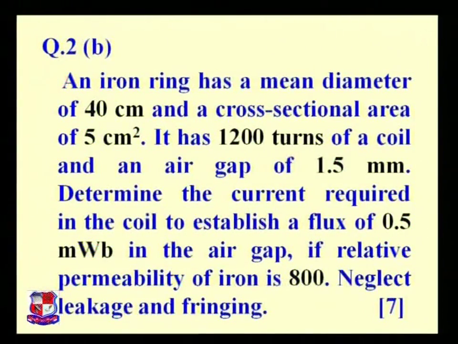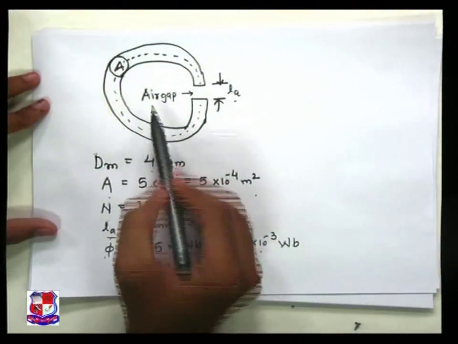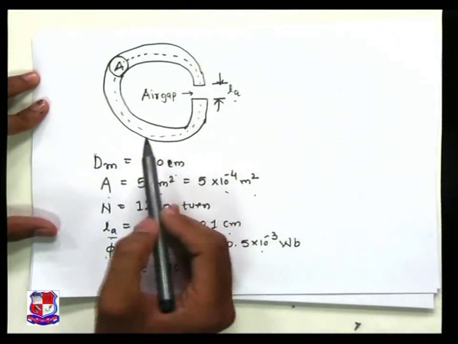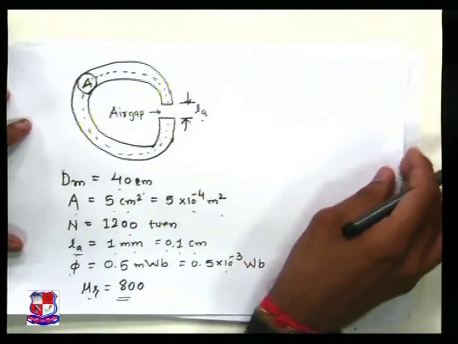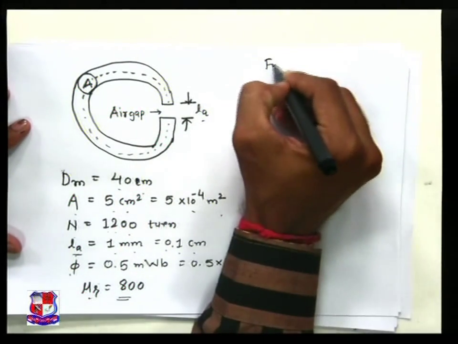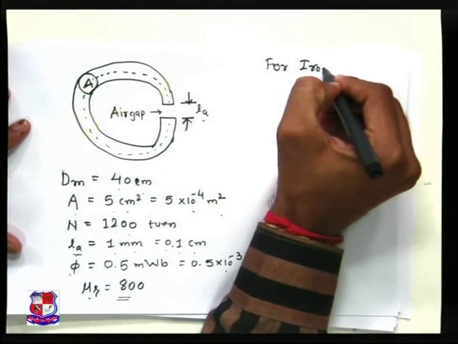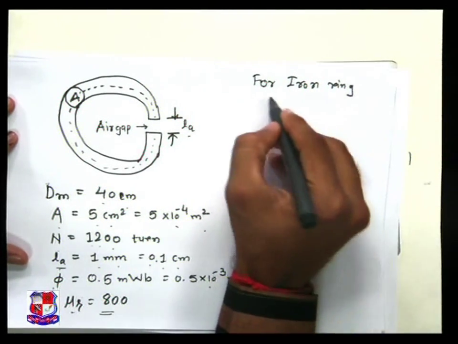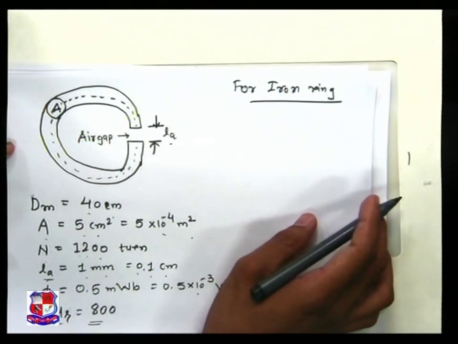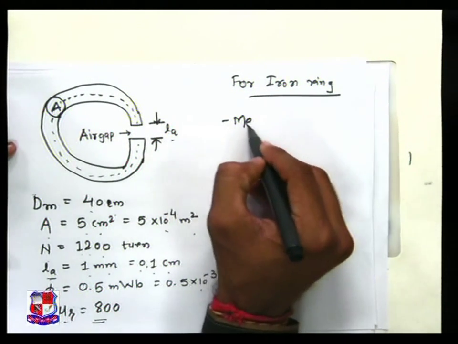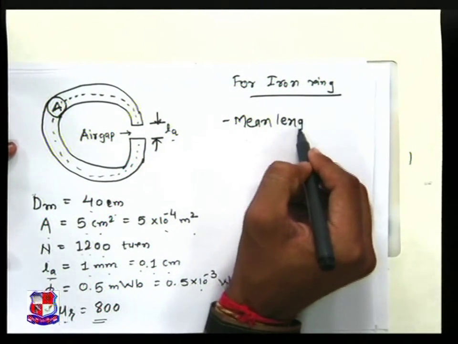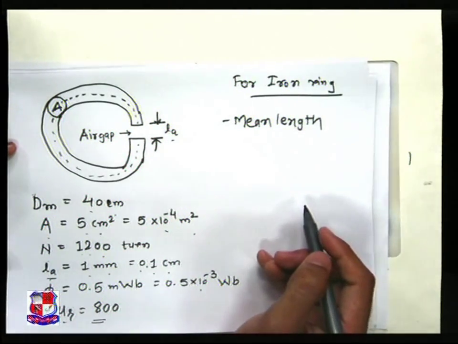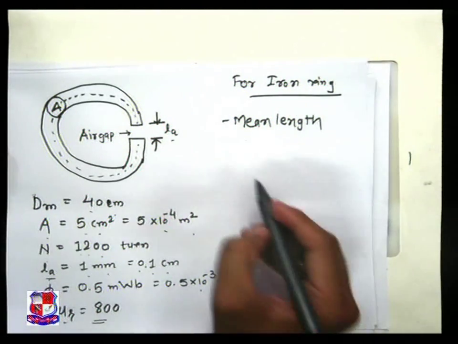So first we have to find out the core length of the ring. So for the iron ring, first we find out the mean length. How much is the mean length of the iron ring?